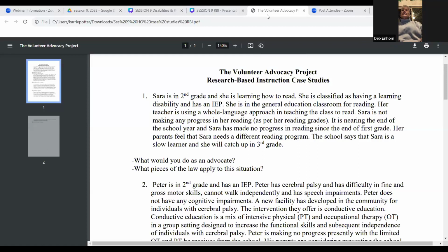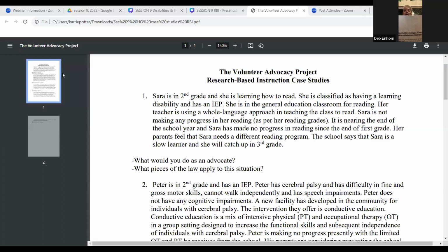The first one says that Sarah is in second grade and she's learning how to read. She is classified as having a learning disability, so that's her IEP eligibility. She is in the general ed classroom for reading. Her teacher is using a whole language approach to teaching the class to read.